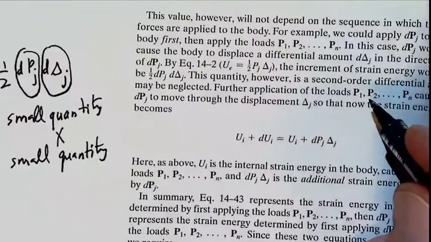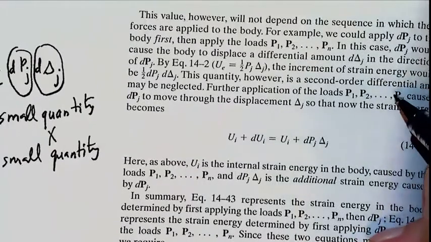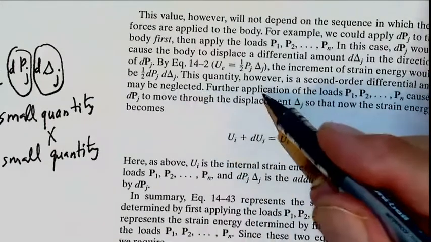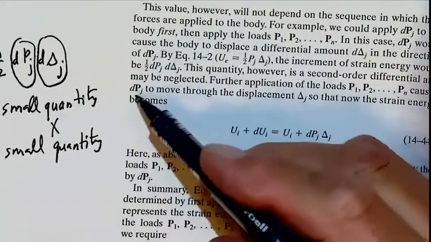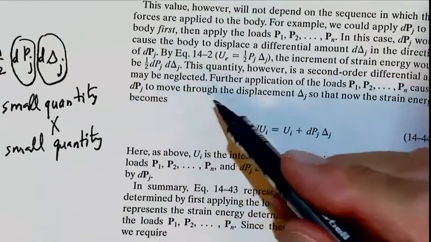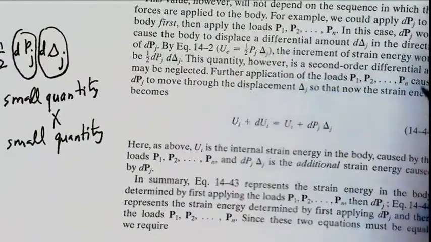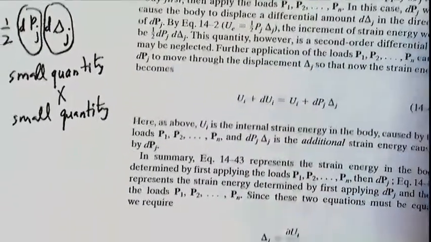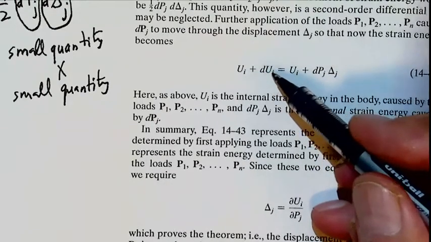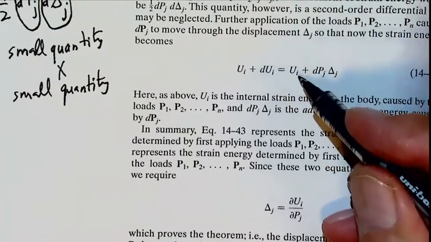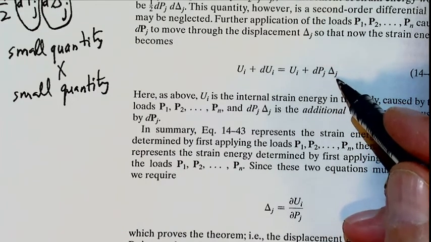So this is a second order differential and may be neglected. Further, application of the loads P1, P2, Pn causes dPj to move through the displacement delta j. So then the strain energy becomes U_i plus dU_i, then U_i plus dPj delta j.